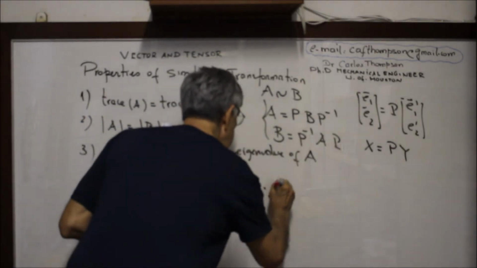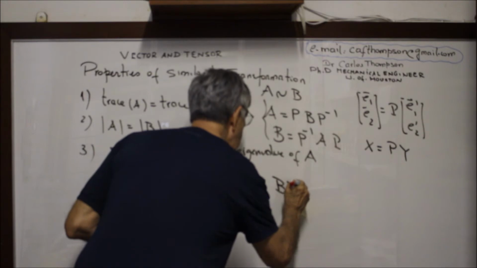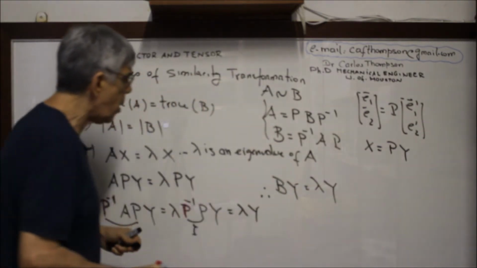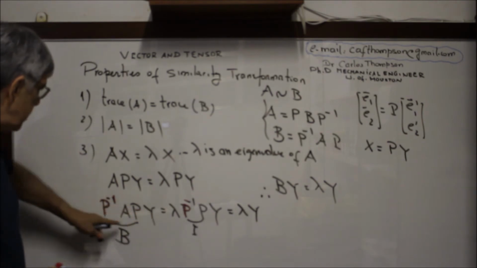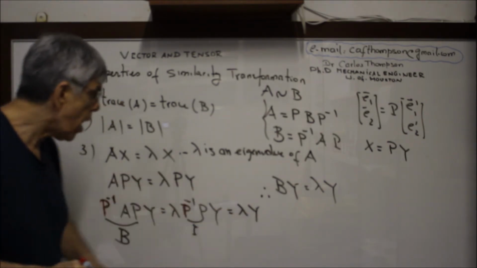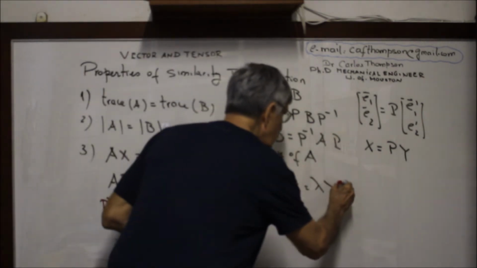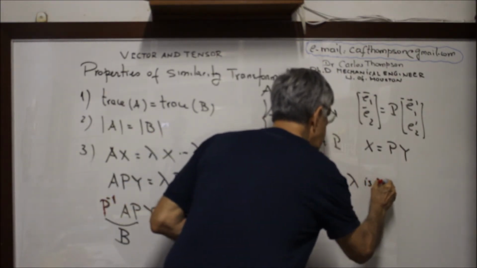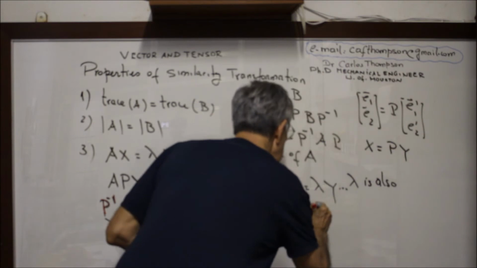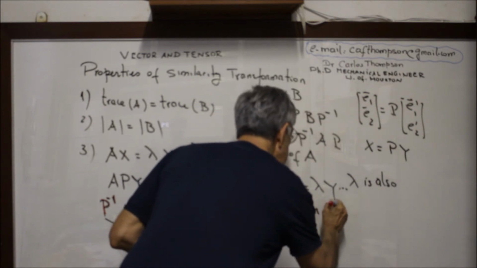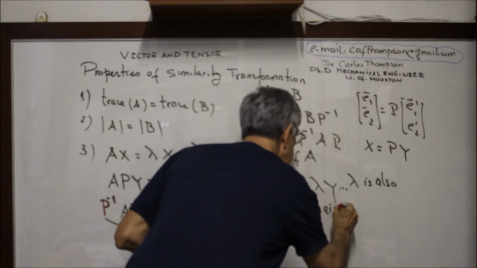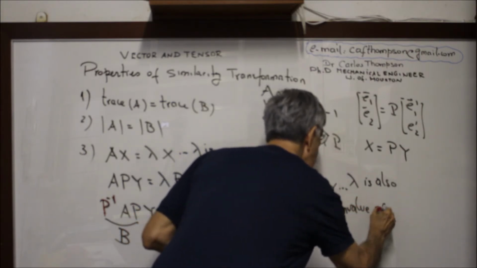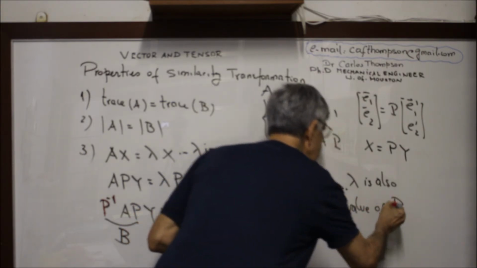So, B y is equal to lambda y. Now, you see? B y is equal to lambda y. So lambda is also an eigenvalue of B. You see?